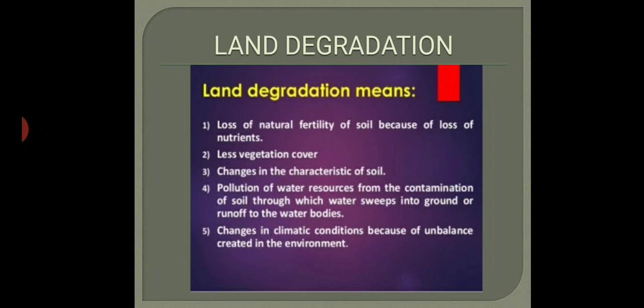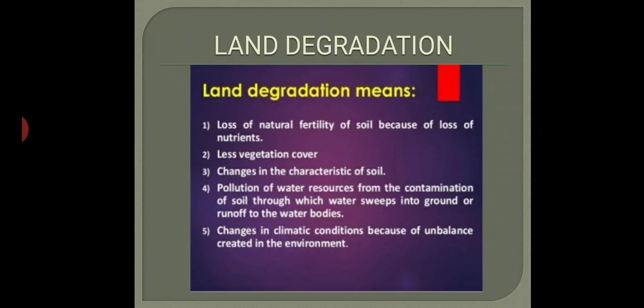Now, as I said, continuous use of land over a long period of time without taking appropriate measures to conserve and manage it has resulted in land degradation. Now, what is land degradation? It is the loss of natural fertility of soil because of loss of nutrients and less vegetation cover.